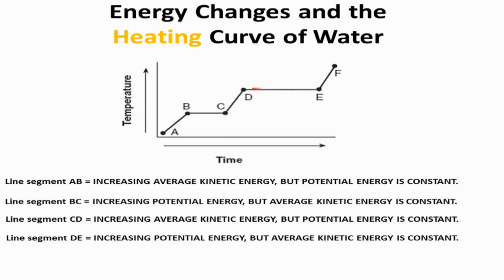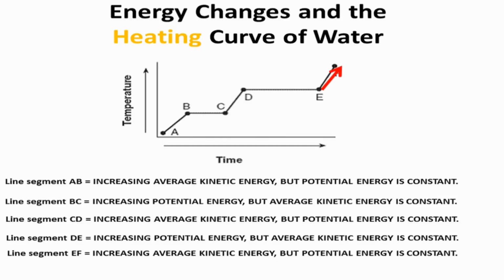If this substance was indeed water, this phase change would occur at the boiling point, 100 degrees Celsius at 1 atmosphere of pressure. During line segment EF, the average kinetic energy again increases as the potential energy remains constant.